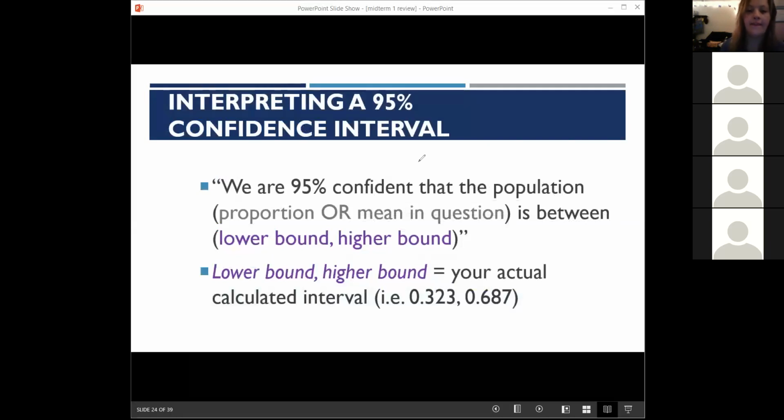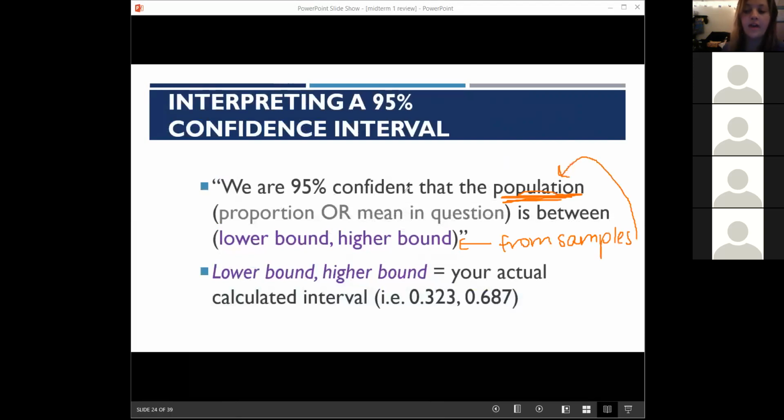So in this case, if we're interpreting this 95% confidence interval, we always start out with, we are 95% confident that the population, so remember, we're making a claim. We just took a bunch of samples and we got this lower and higher bound from our samples, and then we're using these samples to make an inference about our population.